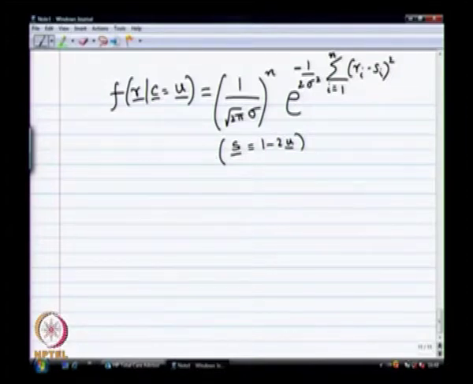Now I am trying to maximize the left hand side. That is the same as maximizing the right hand side, obviously. But that is the same as minimizing the exponent, right, since it is e power minus something. If you want to maximize the whole thing, it is the same as minimizing the exponent.